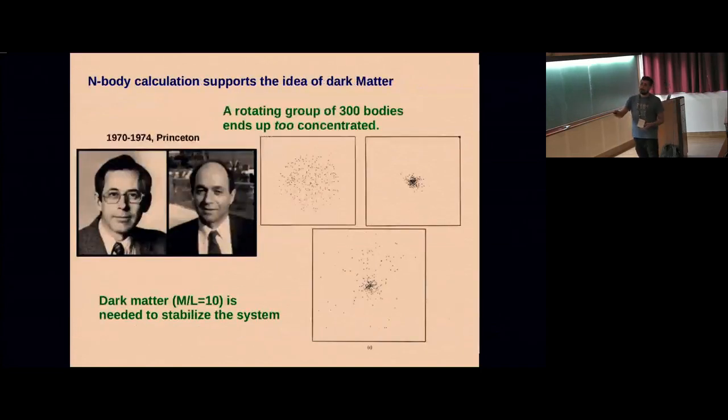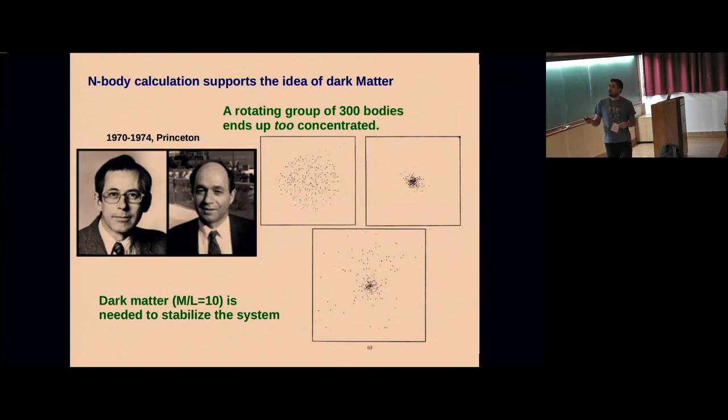It was not until the 70s that you start actually having numerical simulations done on computers. Some of the first ones in cosmology were done by Jim Peebles, pretty much at the same time that the first computers were available, so it's quite impressive. He started solving for the evolution of a rotating group of 300 particles.